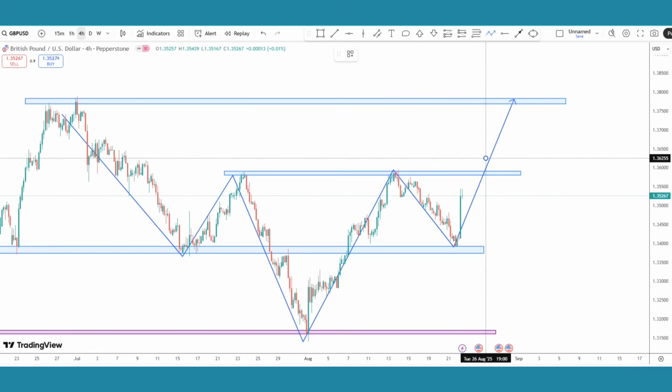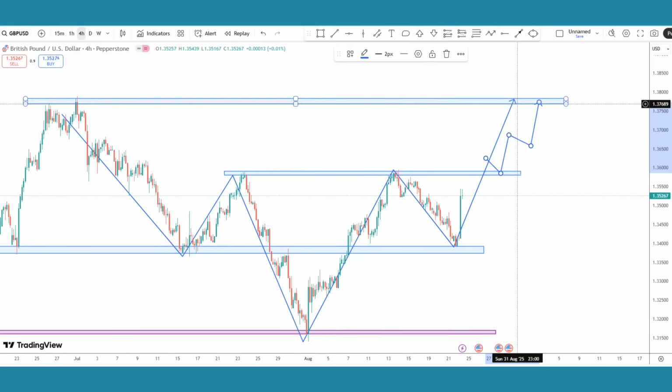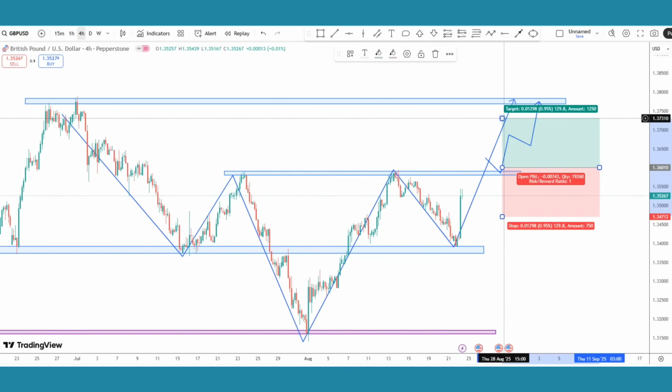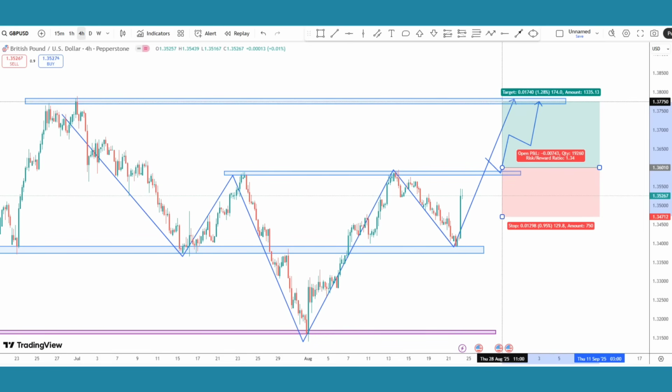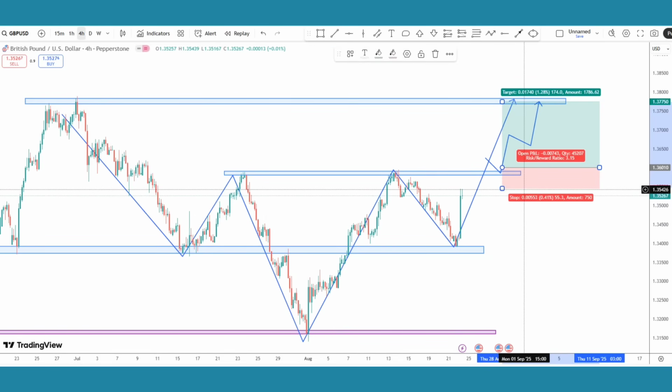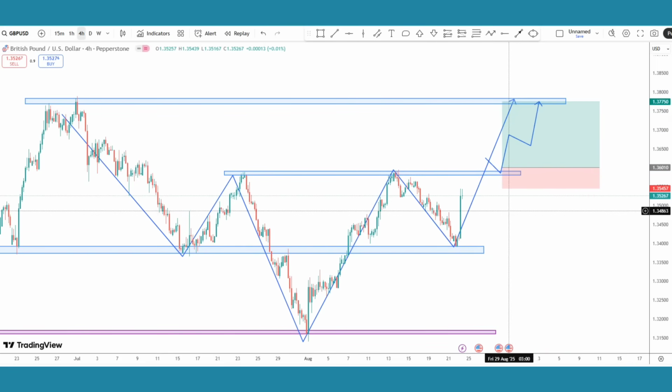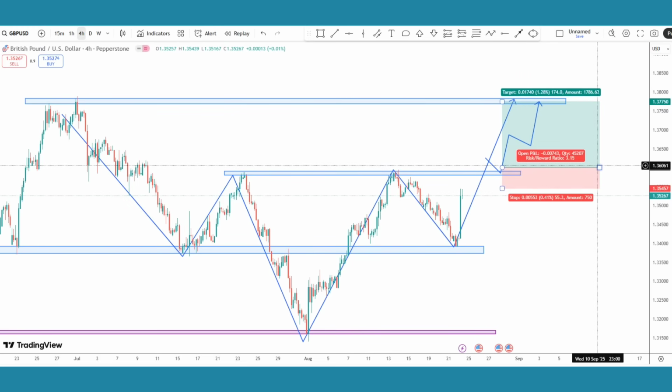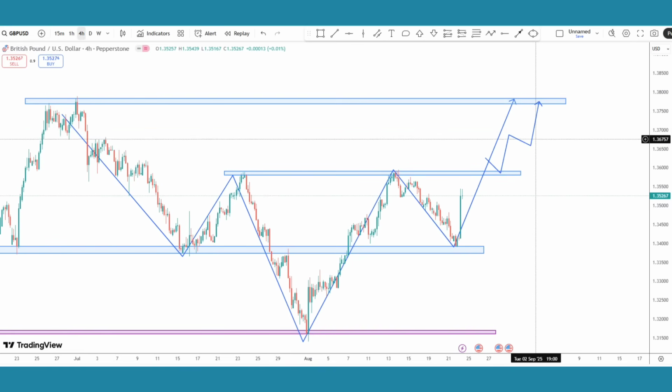If not, I will just wait, see if price retraces down here, look for a buy signal around here, and then take my buy trade to the next resistance area around the 1.37800 level. Okay, again, this would give us a good number of pips, so we're looking at around some 175 pips there, and risking generally 1 to 3 depending on what we see. So again, this is what I will be targeting for GBPUSD in the markets.